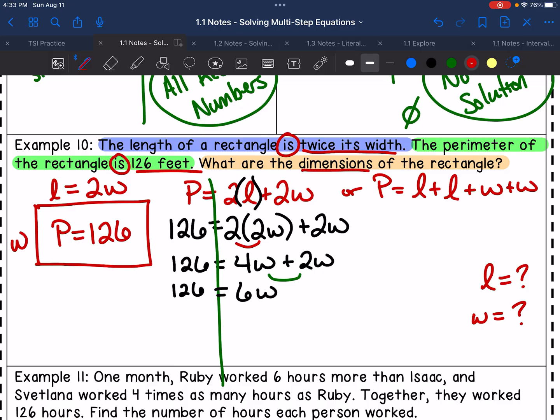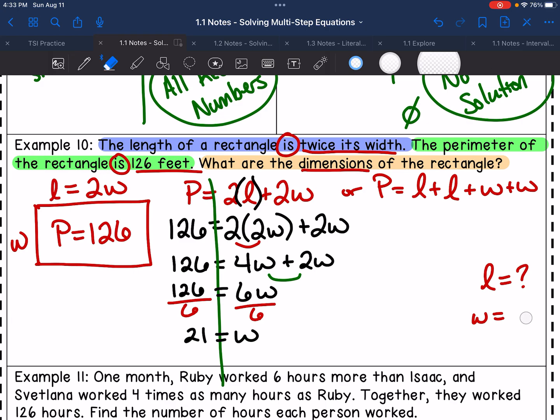And then remember that last step, once I've got my variable on one side, my number on the other side, is to divide. So I'm dividing by 6, and 126 divided by 6 is 21 equals W. It doesn't matter that my W is on the right-hand side. It's the same thing. I can just easily flip it around and say W equals 21.